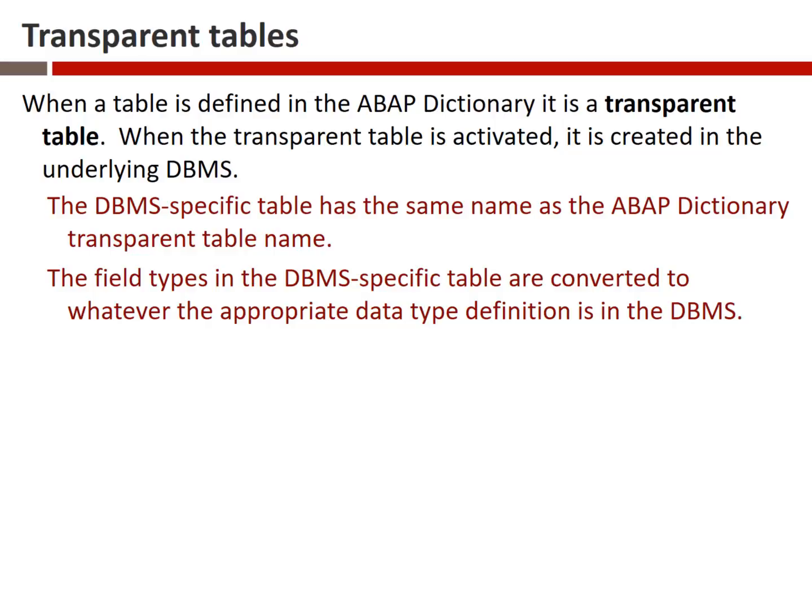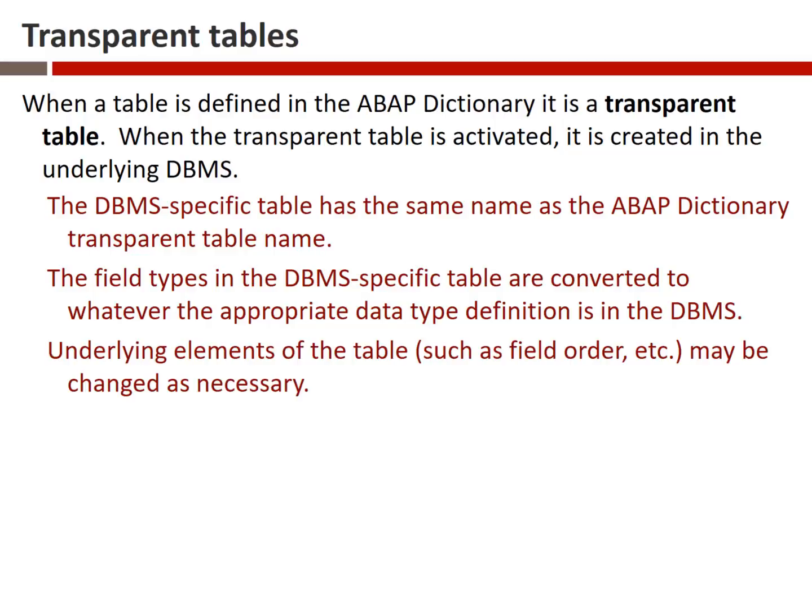So what the ABAP engine is going to do is translate it into whatever the appropriate database type would be for the database server as a part of the table creation process. And then the ABAP system is going to work on maintaining the integrity of the information beyond the level that the database server may be able to accomplish.